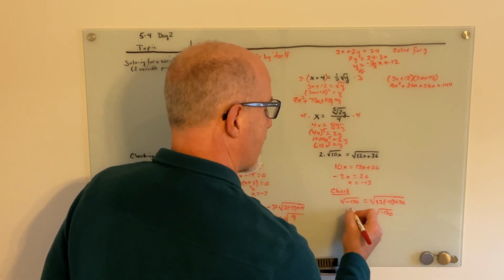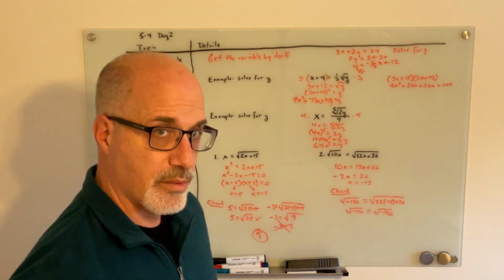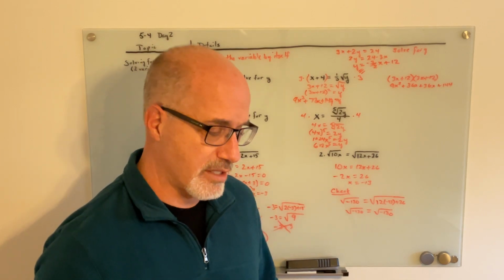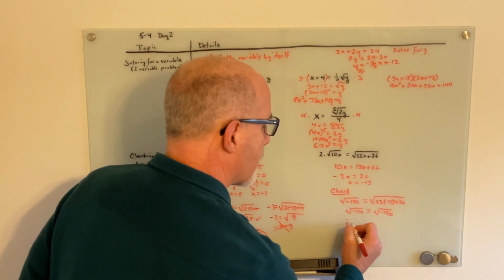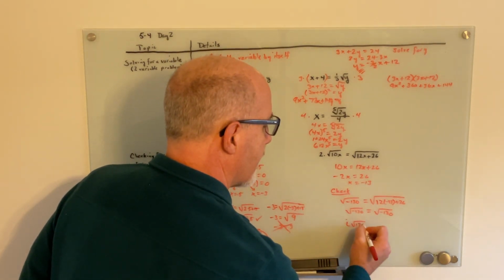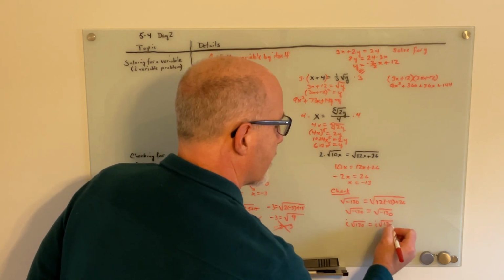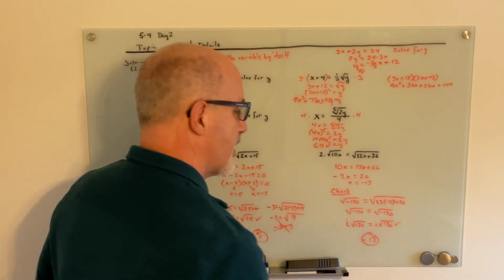Now you can take square roots of negatives. You can't get negatives out of square roots, but you can take the square root of negatives when you involve complex numbers. You get i as an answer. So really this is i square root of 130 does equal i square root of 130. So it does check. So my answer is negative 13.